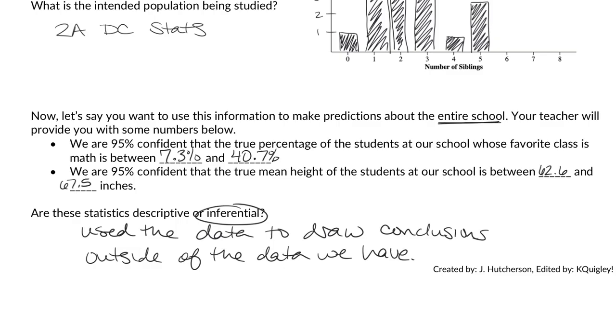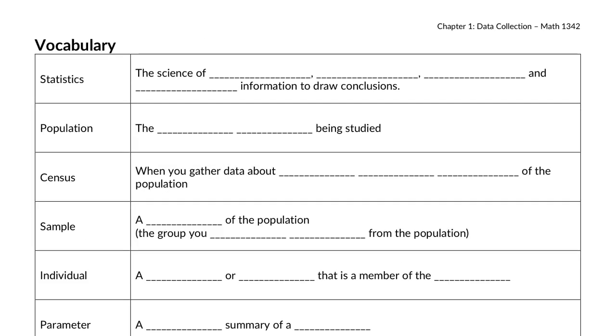Now we're going to have on the next page, literally a full page of vocabulary. Because we got to make sure that when we're using specific words in stats, we're using them correctly. So what is statistics? The very basics.